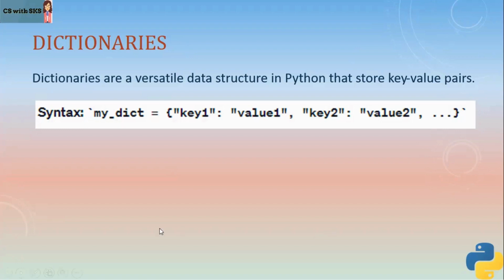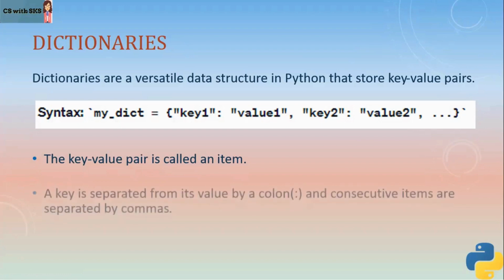So the syntax is mentioned here. This is dictionary name, my dictionary. Then it starts with curly brackets and all the individual data items are written inside it and we close the curly bracket. So let's see how we create dictionaries. So each key value pair is called an item in a dictionary.